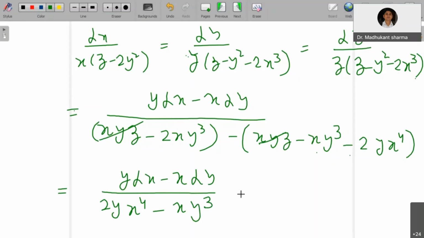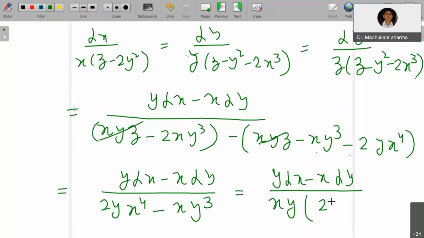Now this equals y dx minus x dy divided by x into y into 2x cube minus y square. So this is what we have obtained.